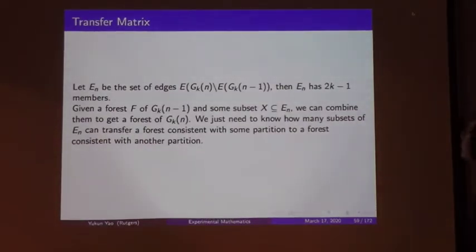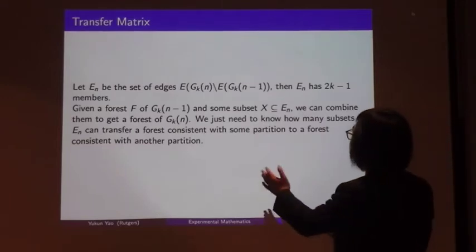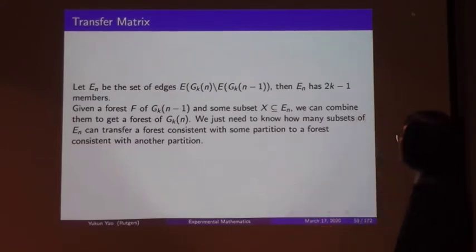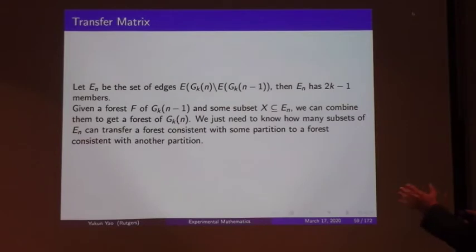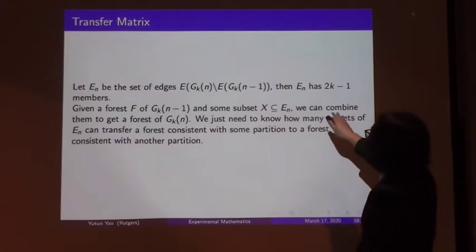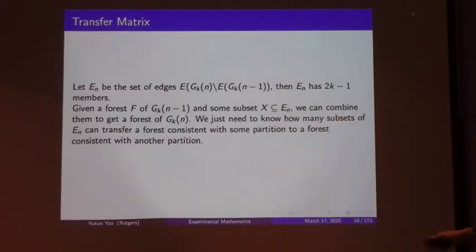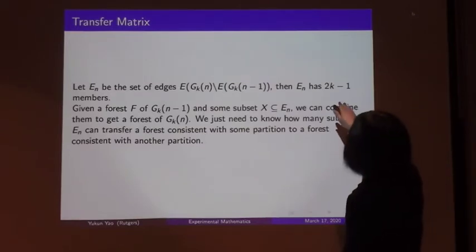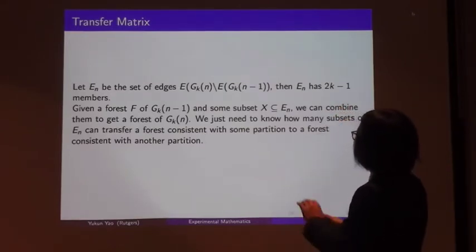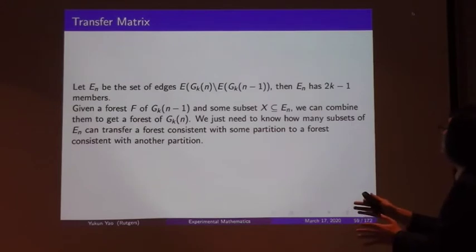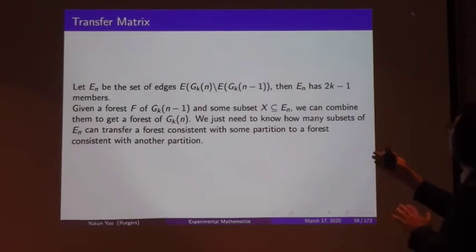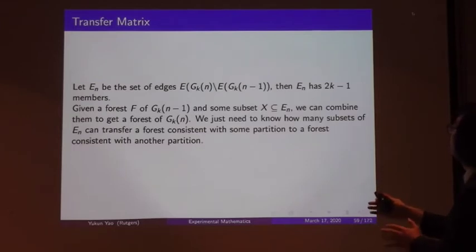And now we consider the transfer matrix. So basically we consider the edges which are in G_k(n), which is the k by n grid graph, but not in G_k(n-1), which is the k by n-1 grid graph. So in this set E_n, there are 2k-1 members. We want to consider for how many subsets of E_n can transfer some kind of forest in the graph G_k(n-1) to another kind of forest in the grid graph G_k(n).